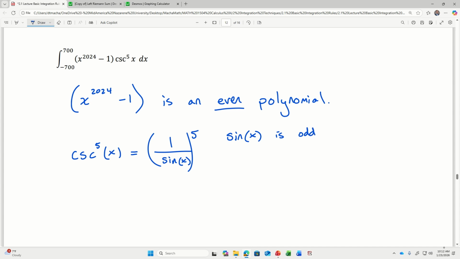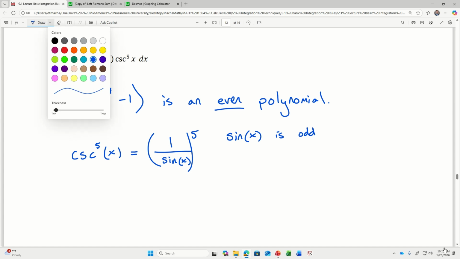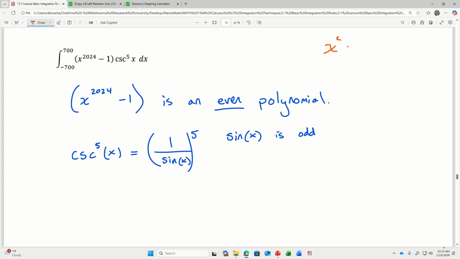The number 1 is even, and when I have even divided by odd, that's going to give me odd. Because when multiplying or dividing functions, if I've got even and odd, it's going to give me odd. If you can't remember how multiplying functions works, you can come up with little toy examples that are easier to think about. That's even times odd, and it's odd. So cosecant is odd.